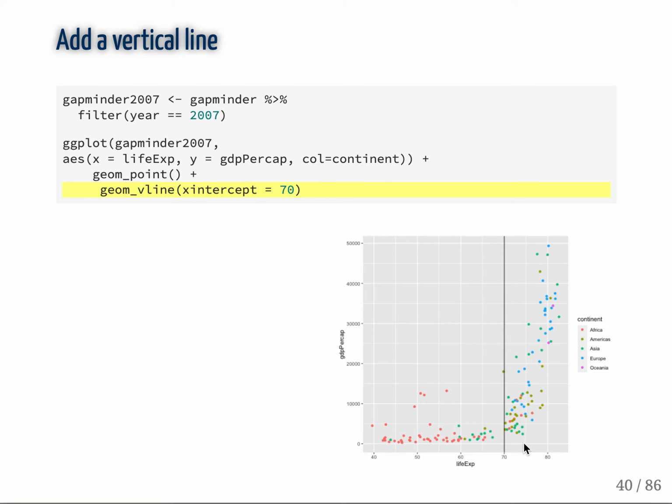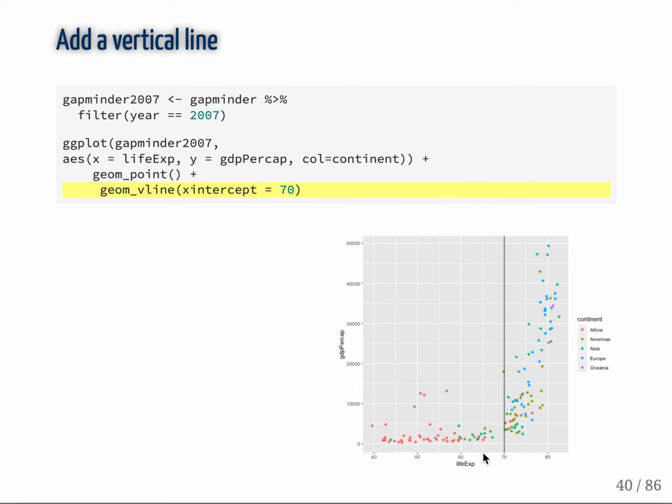Notice that this plot contains two geoms in the same graph. ggplot allows you to call up several geoms in the same plot. Here I gave xintercept equals 7, so the line is positioned at 7. xintercept equals 70, so the line is positioned at 70.